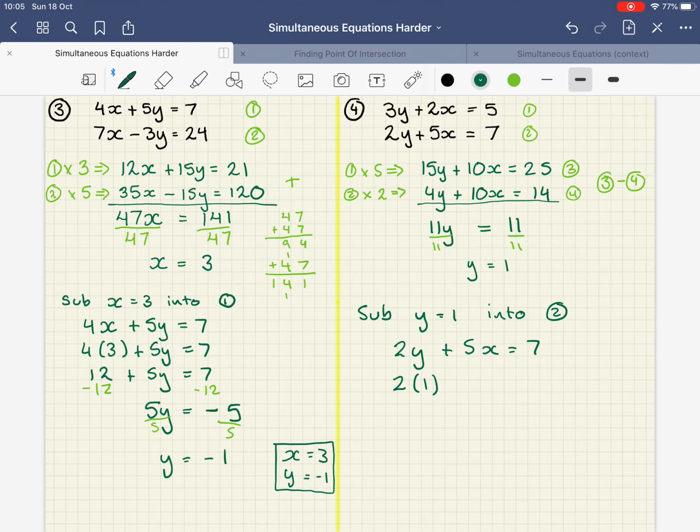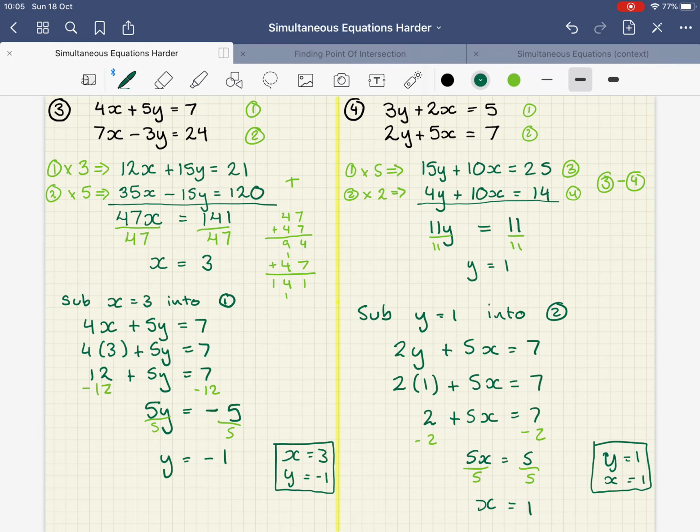So it's going to be 2 times 1 plus 5x equals 7. So it's just going to be 2 plus 5x equals 7. Take away the 2 on both sides. I've now got 5x equals 5. And then I can divide by 5 to give me x equals 1. So y equals 1 and x equals 1.